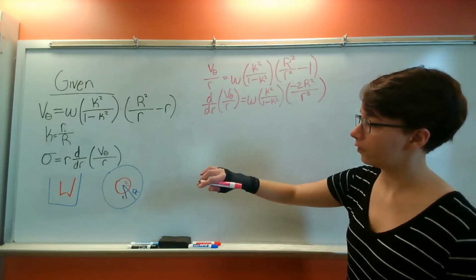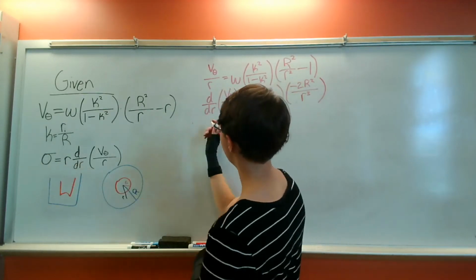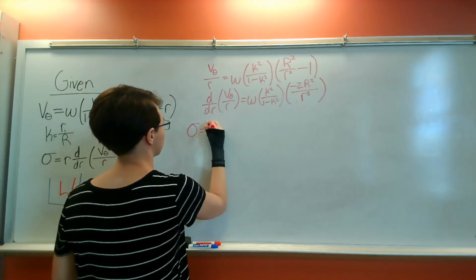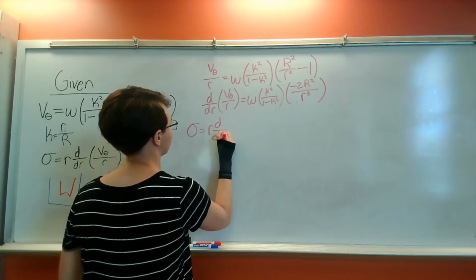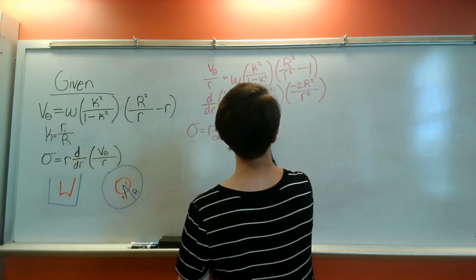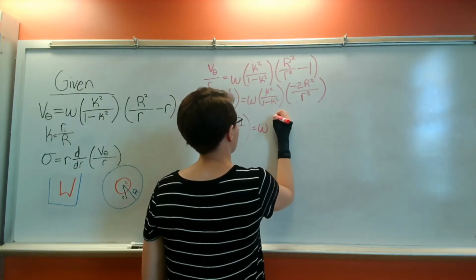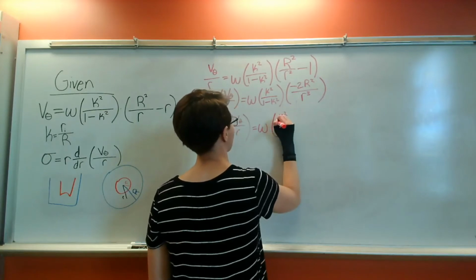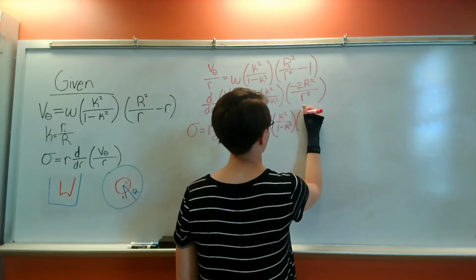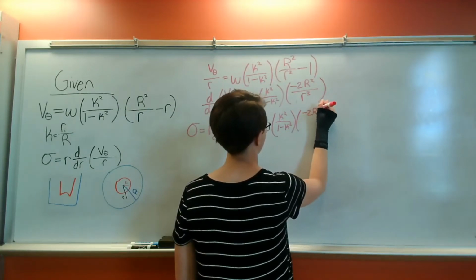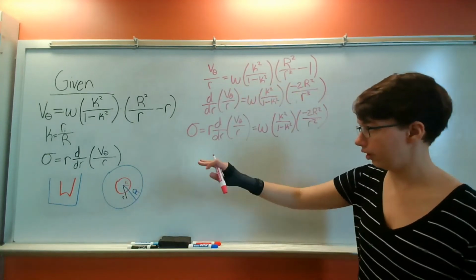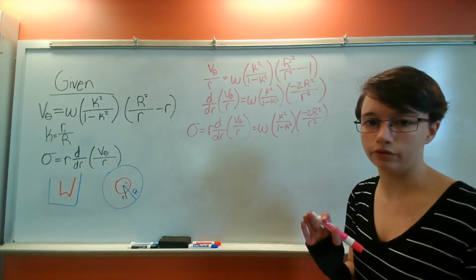And then finally, we multiply the entire thing by r to get our shear rate. And so that is equal to angular velocity times k squared over 1 minus k squared times negative 2 outer radius squared over r squared. And so that is our relationship for our shear rate.